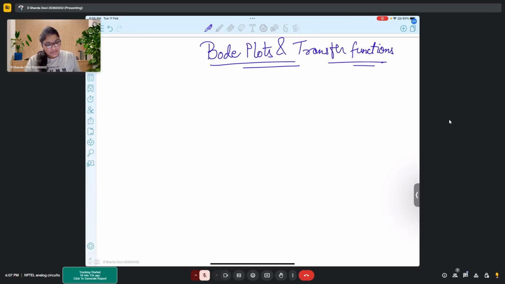Last time also we discussed a little that transfer functions are basically V out versus V in when we write it in terms of j omega or s, right?